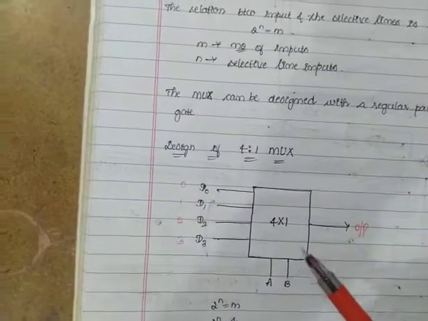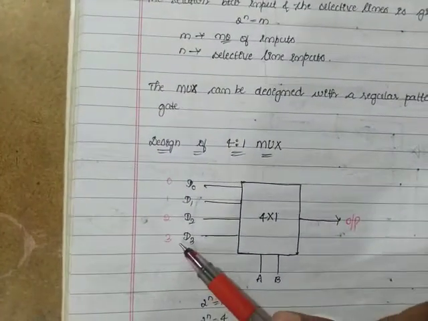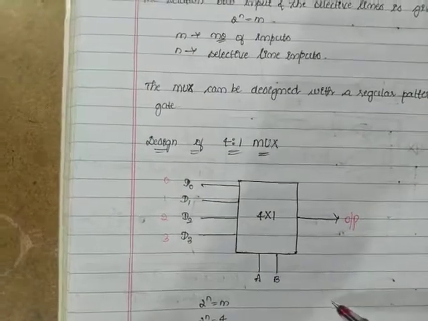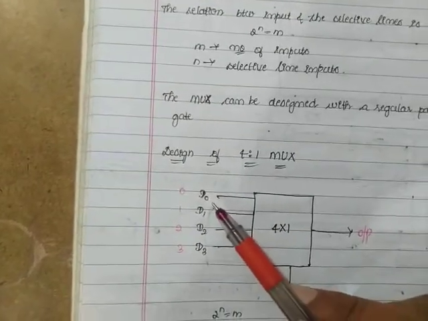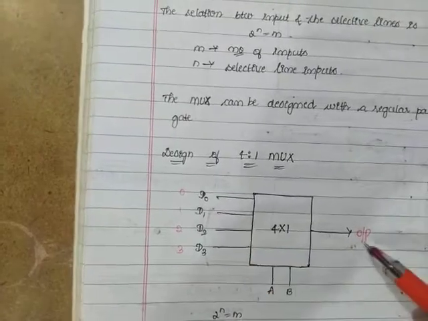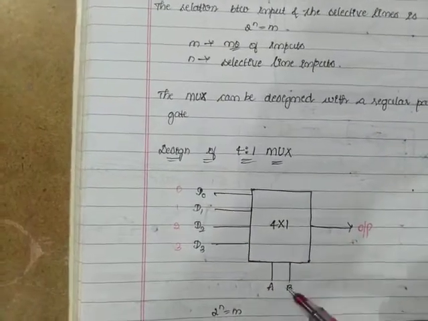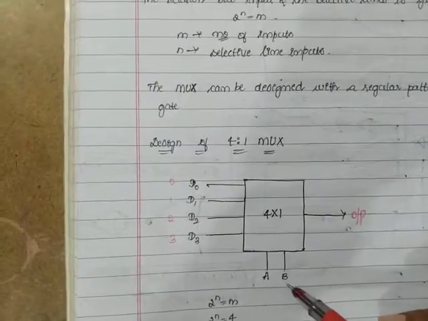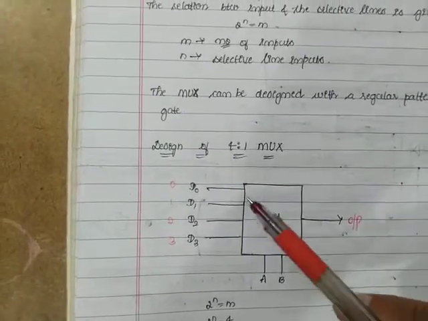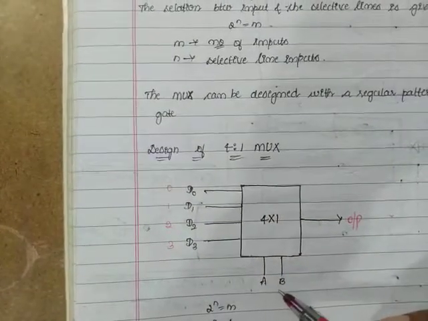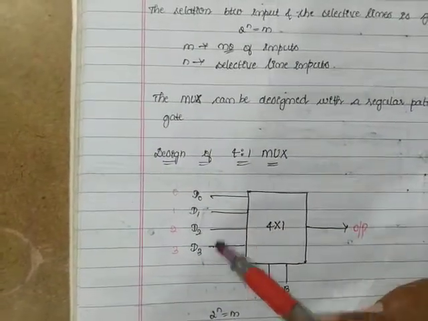If I want to get 3, I have to give the selection line input as 1, 1. Similarly, if I want 0 as the output, I have to give the input as 0, 0. Likewise, by using these selection line inputs, I can obtain the desired output. That's why they are called selection line inputs, and these are all normal inputs.